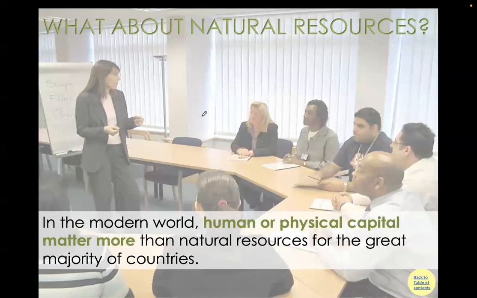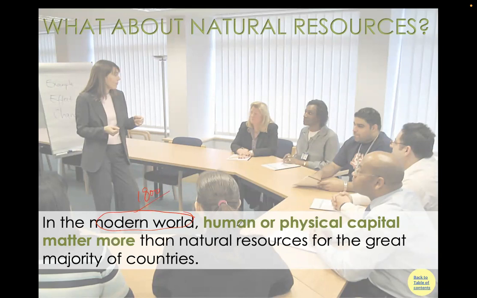Now let's see, maybe there are other factors that matter. First question you may think about: what about natural resources, like oil, like gas, like minerals, or land? But in the modern world, after 1800 or after the Industrial Revolution, in the modern economy, human capital and physical capital are more important than natural resources.